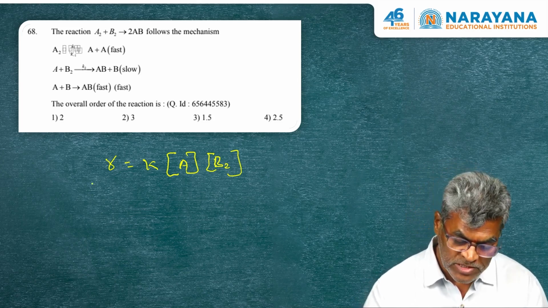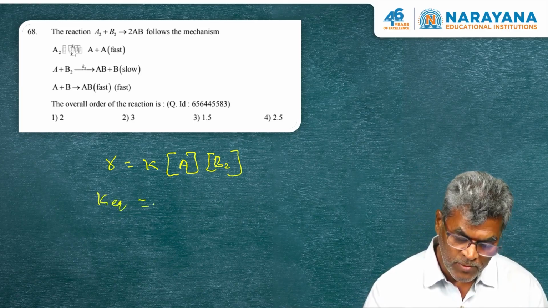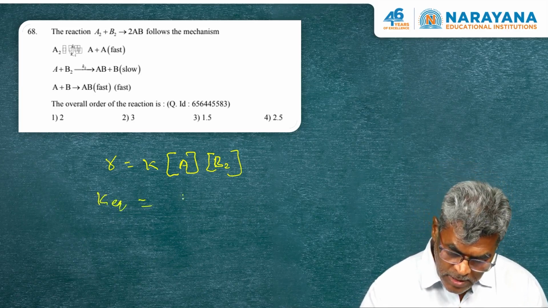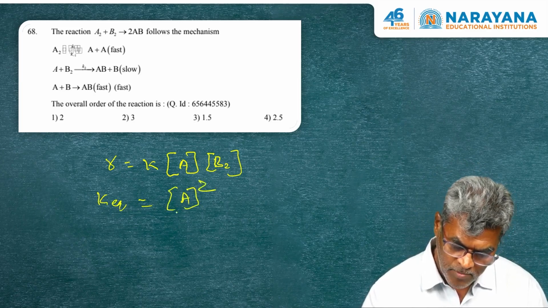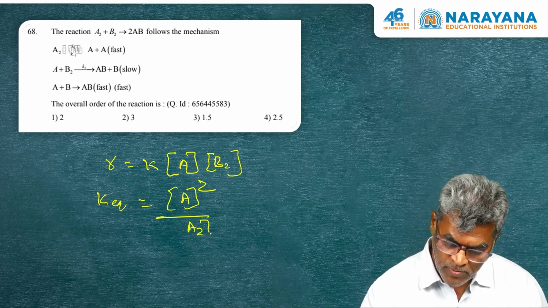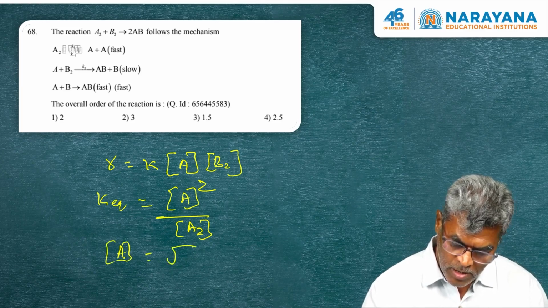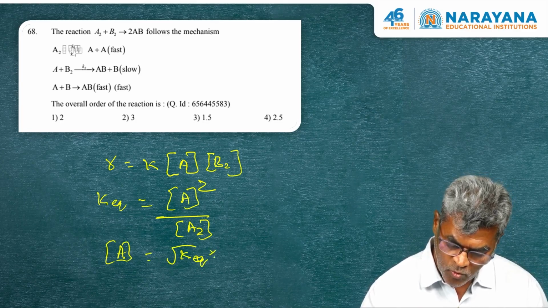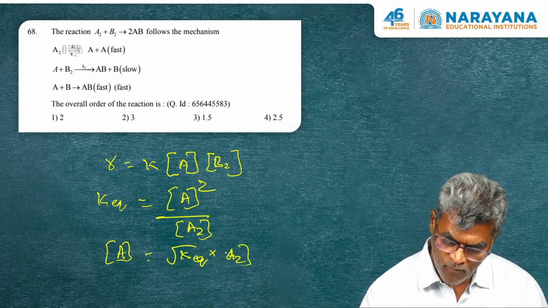If you write the first step equilibrium, K equilibrium is equal to A whole square by A2. So, the concentration of A is equal to under root K equilibrium into A2, to the power of half.